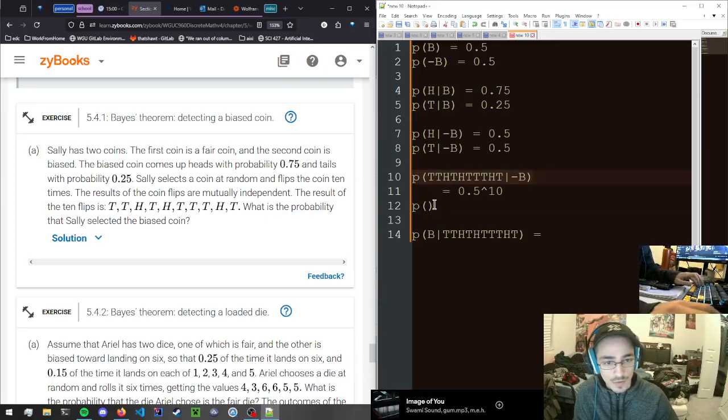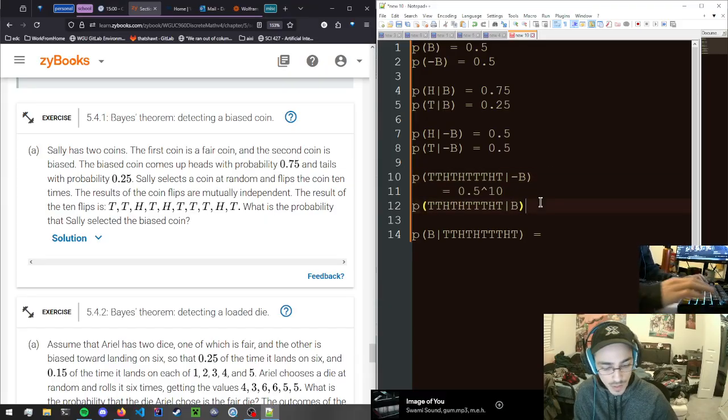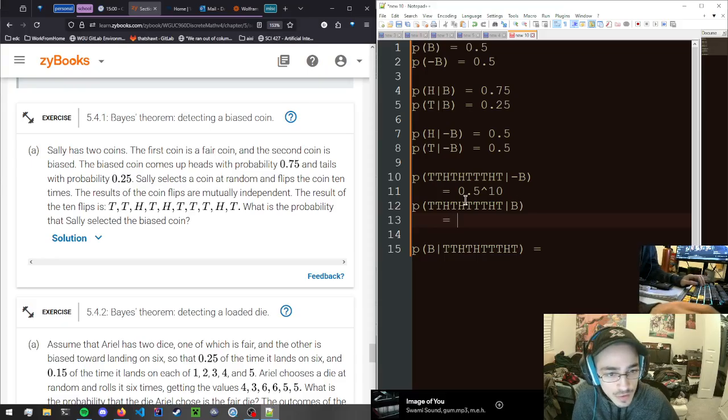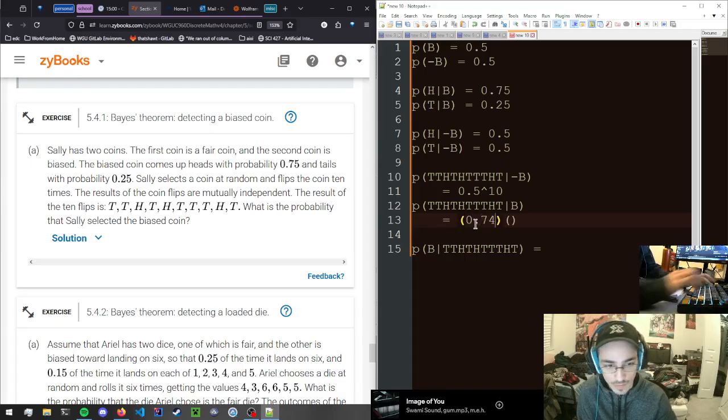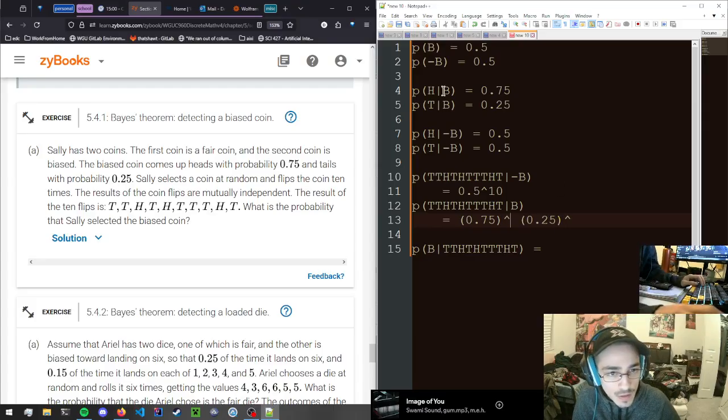Yeah, so let's do the biased coin. This one, you just multiply the number of tails thing. Okay, wait. Let's put these things in here. I suspect it's going to be like this. So this is for heads.